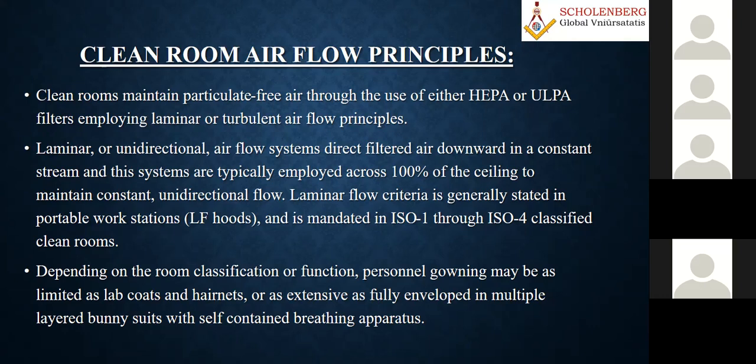In the ceiling, I also take the return or local extract just above a certain height from the floor level, and then we extract the air. That is how we try to create a laminar flow.